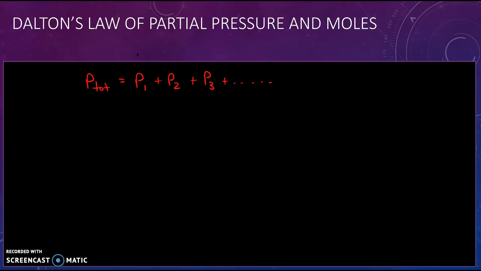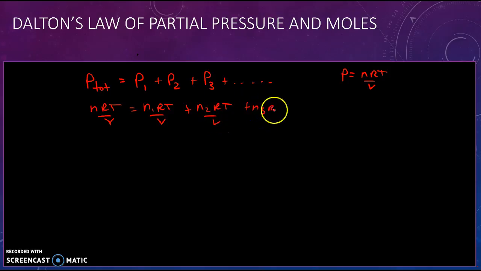Now what I want to show you guys is a consequence of this. If we express pressure in terms of the ideal gas law, so P is equal to nRT over V, then we can do this for each gas. n2RT over V plus n3RT over V, so on and so forth.